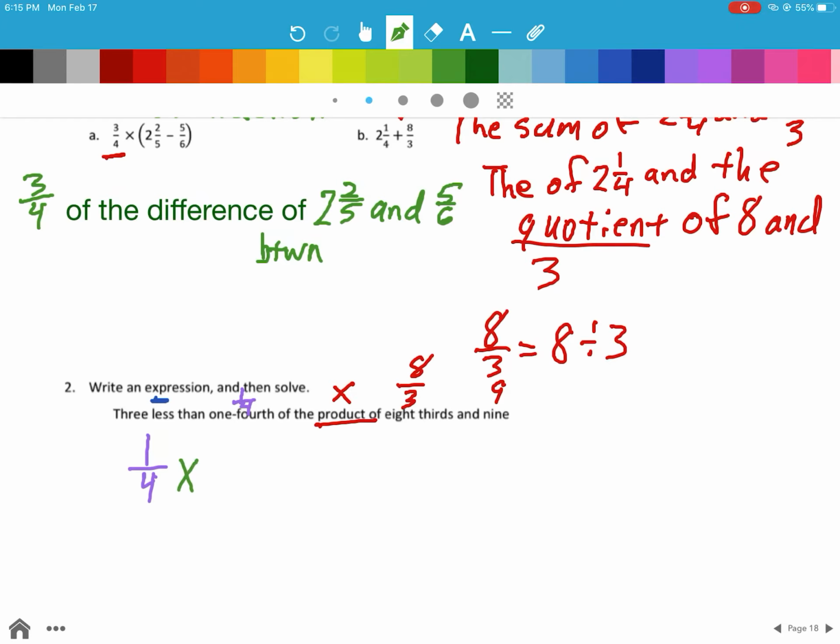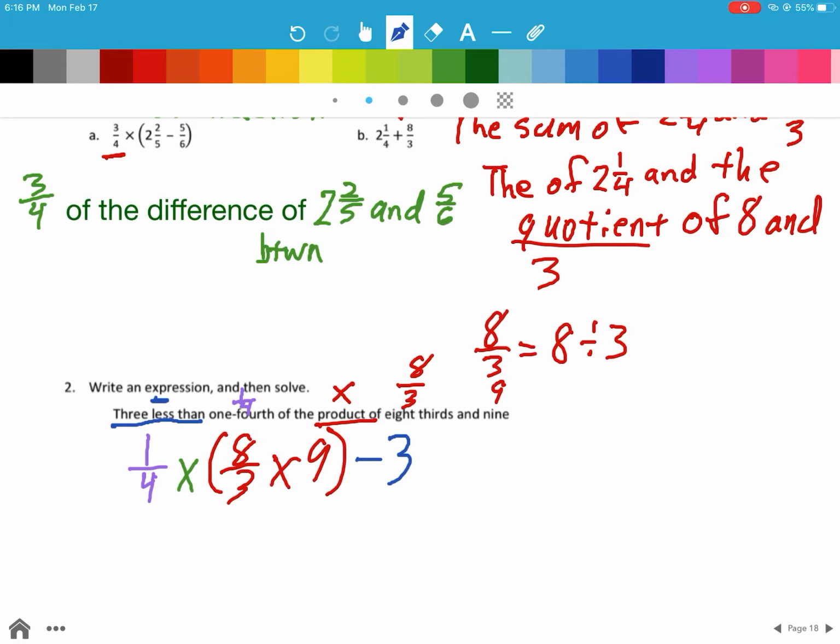So we're going to multiply here the product of 8/3 and 9, and then we're going to do 3 less than that. Okay, so what we're going to do first is in parentheses, and then we're going to multiply that by 1/4, and then we're going to do the subtraction. So the subtraction's last, even though it came first.